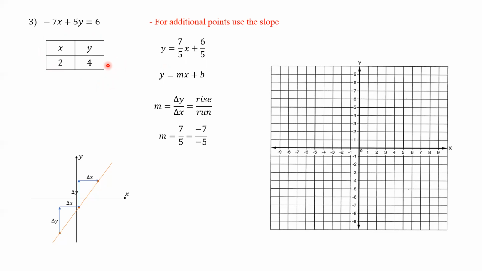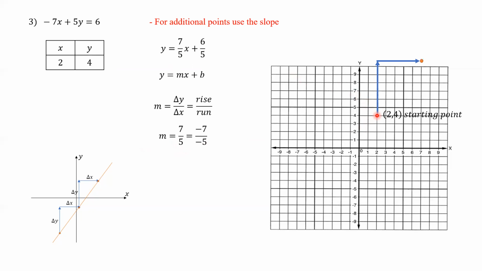So let's plot my first ordered pair solution with integer coordinates, and I'm going to call it the starting point. Now from that point, I'm going to perform the steps according to this version of my slope, 7/5. So move 7 units up and 5 units to the right.